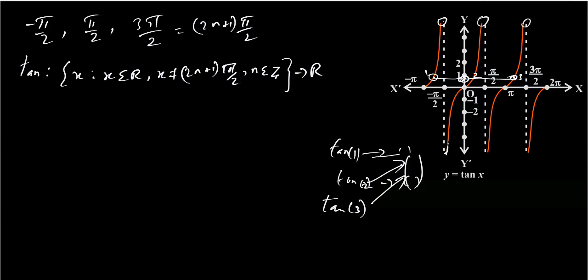In this region, for each x, the tan function gives a unique value. So the tan function in this range is 1 to 1 and onto, so the inverse exists in this range. This range is from minus pi by 2 to plus pi by 2.